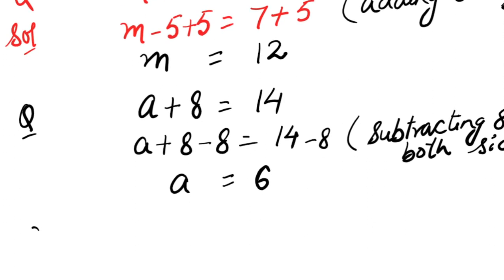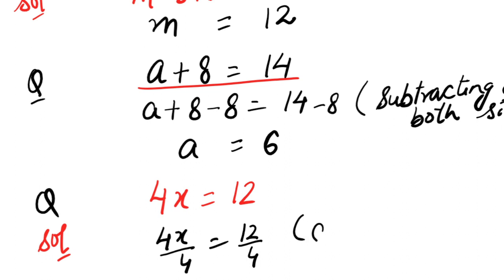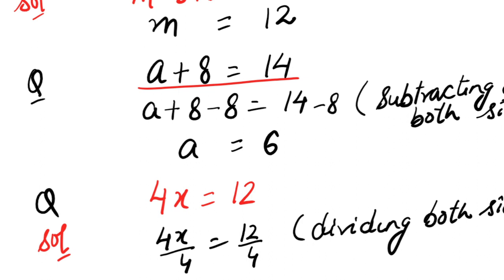So let's try one more question. Suppose we have the equation 4x is equal to 12. In this, I want x to be independent. So what do we want to remove here? We want to remove 4. So what will we do? We will divide both sides by 4.